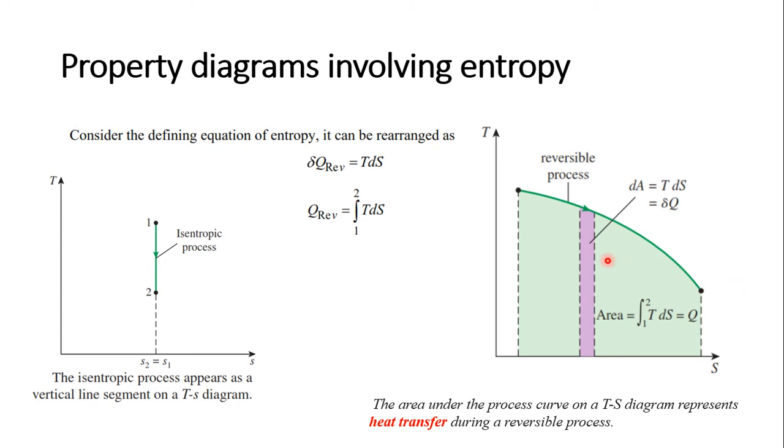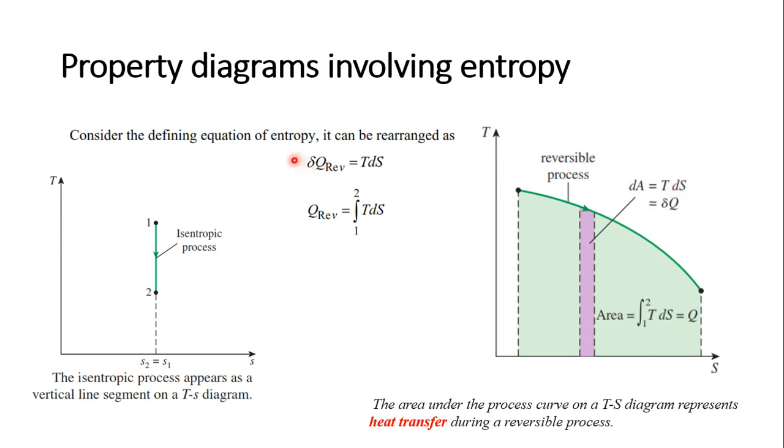Now if you consider the area under this TS diagram, how do we calculate this differential strip area? It will be dA, and it will be T ds. What is ds? The entropy is changing over here, so T ds.